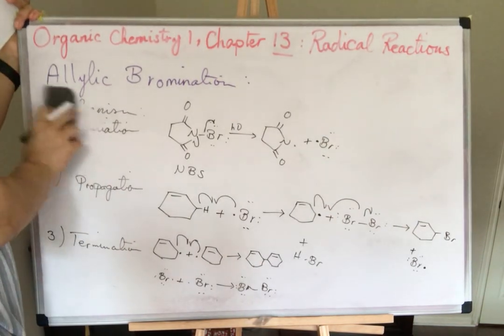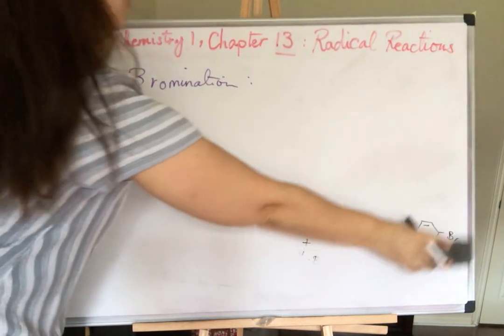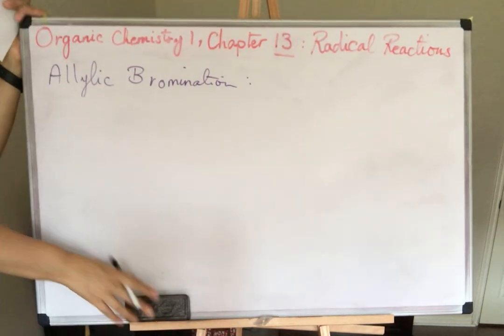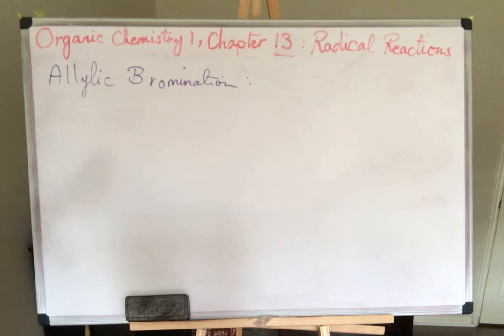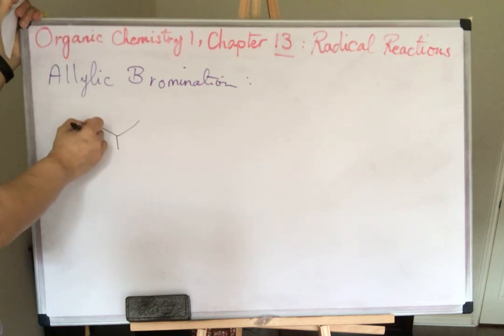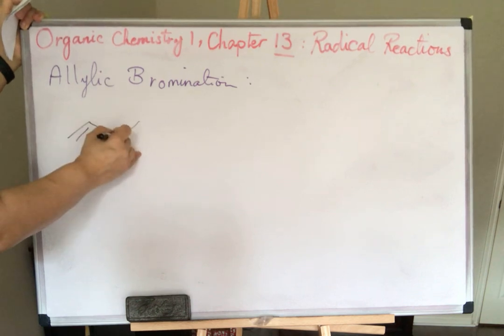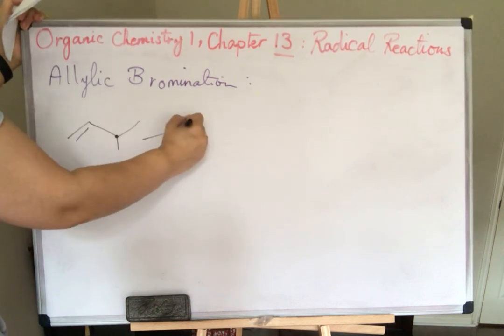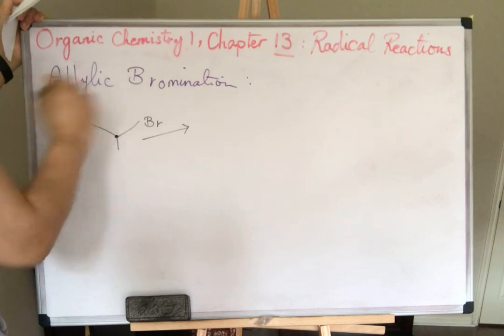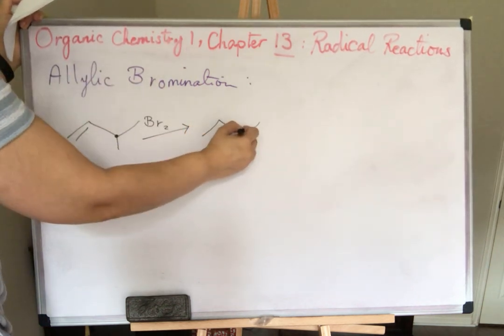I will work on a couple of examples. Okay, I will work on allylic bromination of this compound. Where is the allylic position? Allylic carbon next to it here. So with bromine, if you add just bromine, that's what happens without light or anything.